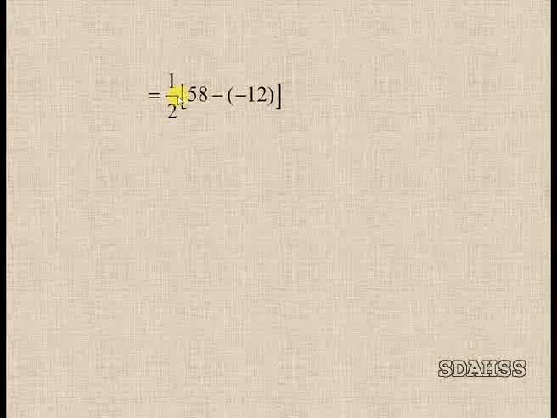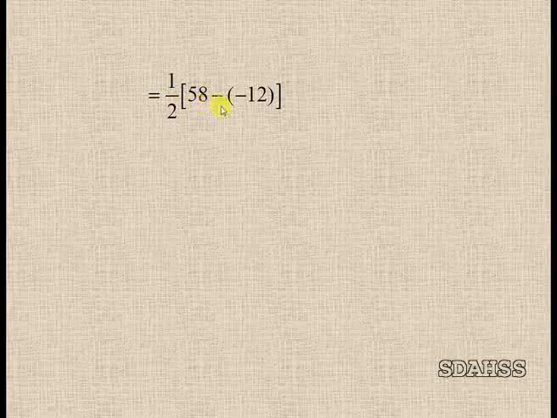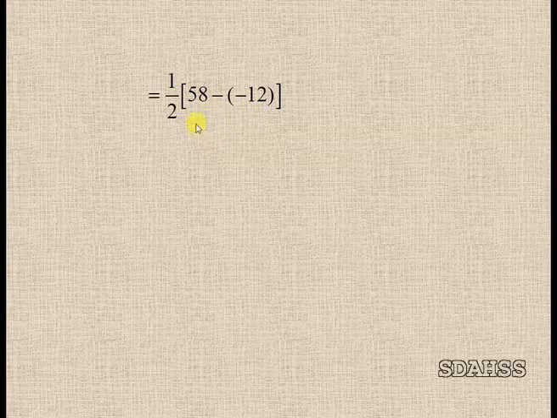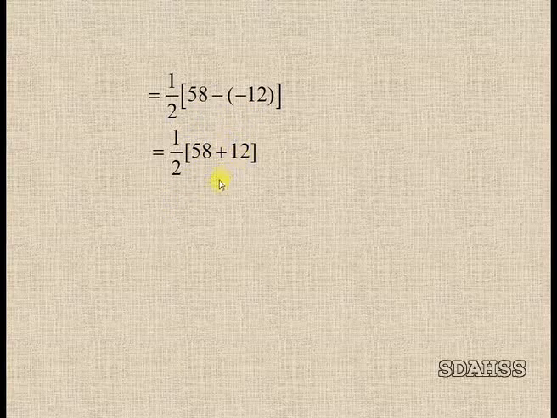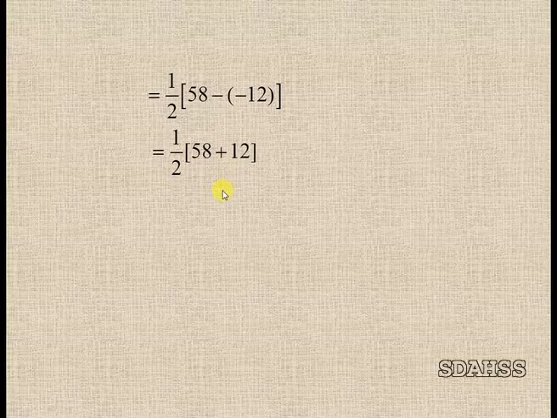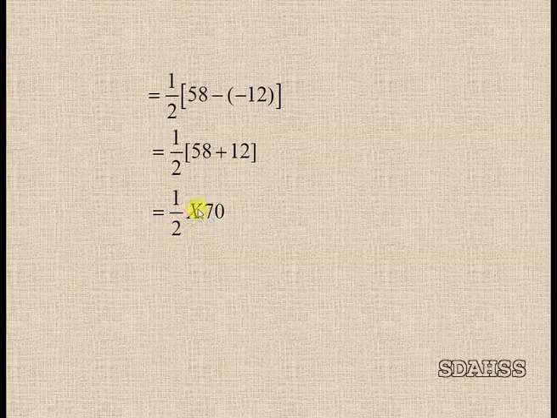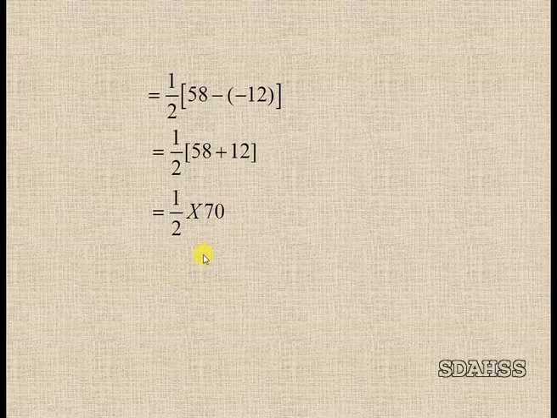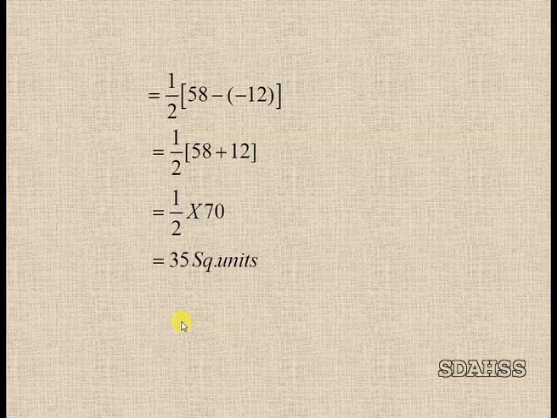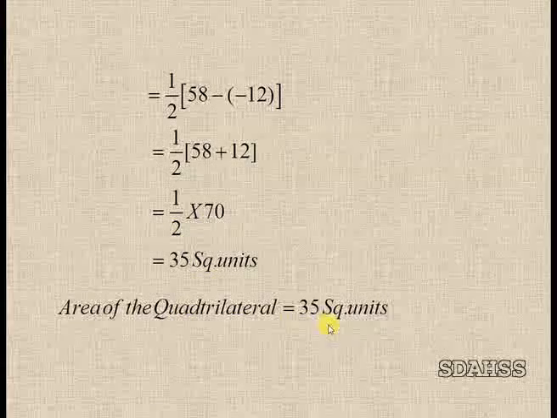Half into 58 minus of -12. Here minus into minus is plus, so half into 58 plus 12. 58 plus 12 is 70. Half into 70. Cancel the numerator and denominator by 2, then you have 35. So area of the quadrilateral is 35 square units.